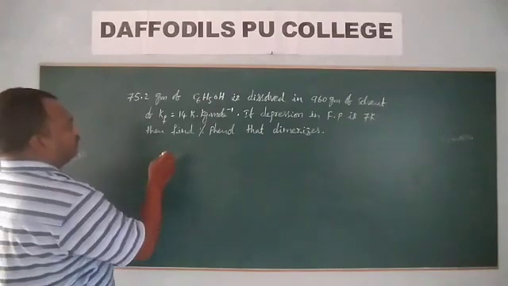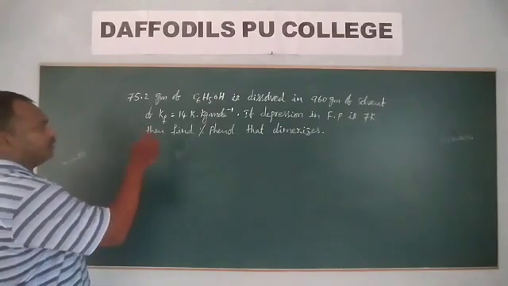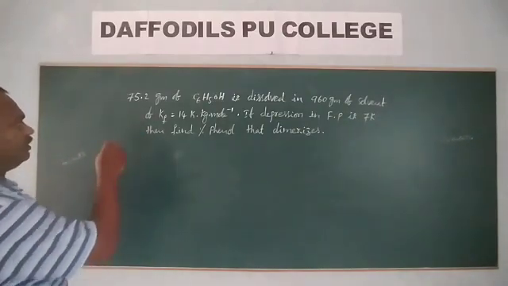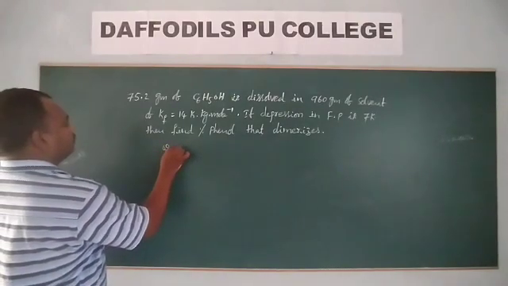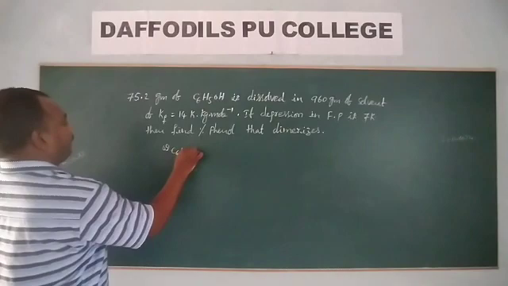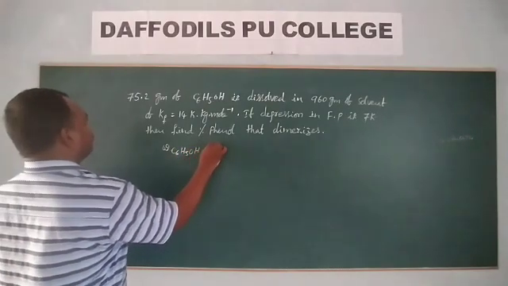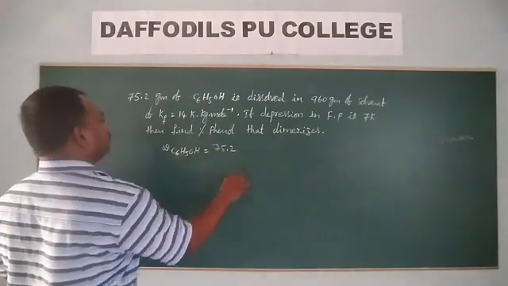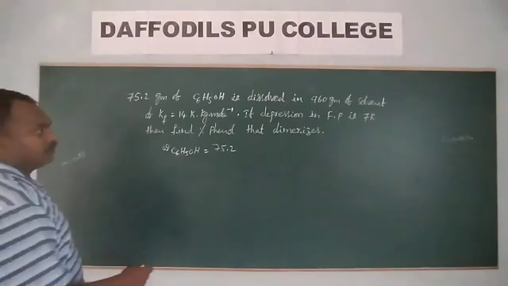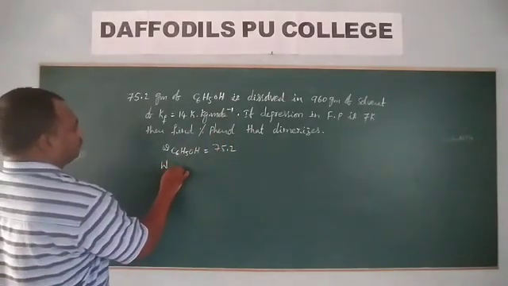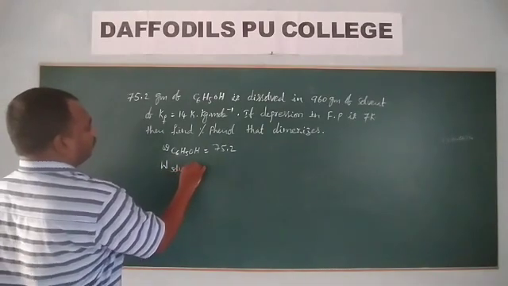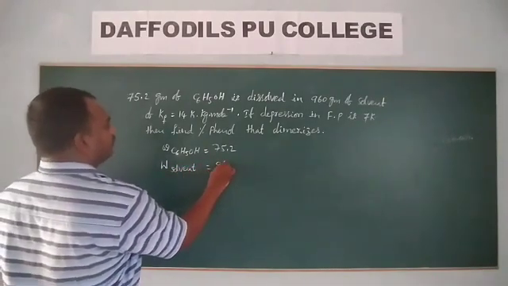First we are going to write down all the data which is given. So weight of phenol is 75.2. Weight of the solvent is 960.